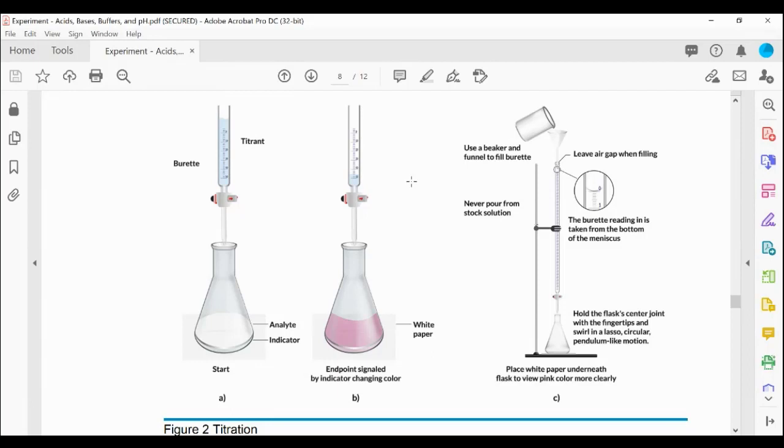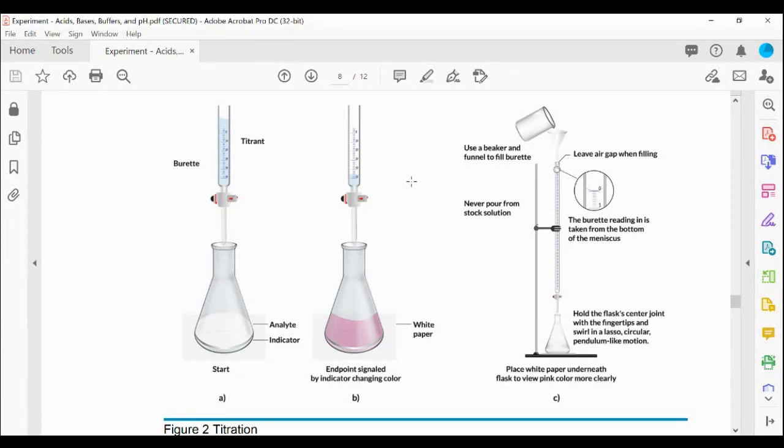As soon as all the acid is neutralized, we see the change in color, and we record the volume of sodium hydroxide. Obviously, we trust the end point, where the indicator changes color.